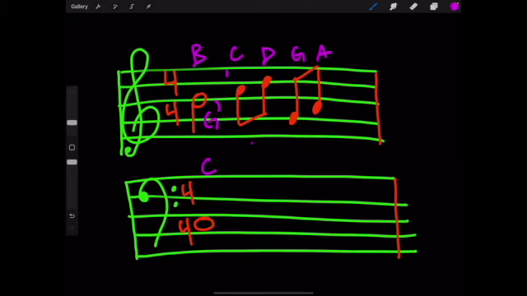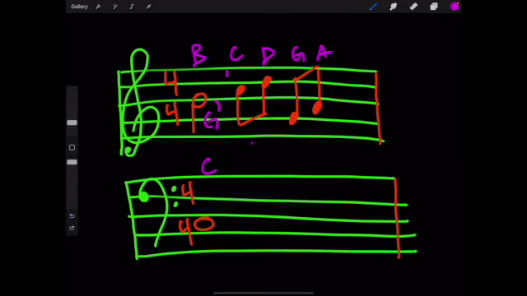Because this is F clef. Looks like a funny frog. Basically, it's a bass clef, but also known as F clef because it tells us where the F is. F is right here. But this pitch here is C, right? Because for F is E, D, C.